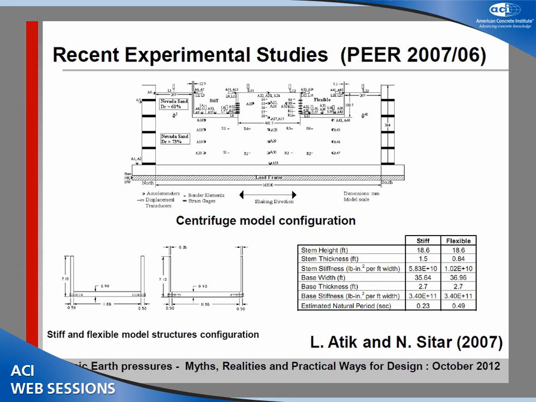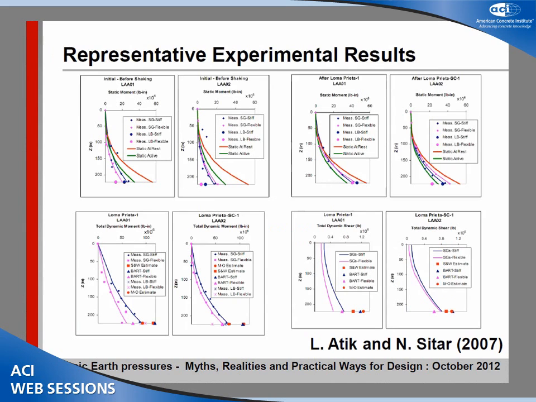Quite interesting results were obtained in there using centrifuge models. Two different retaining structures were tested, one that is rigid and one that is flexible. I won't go much into the details, but here are some results.